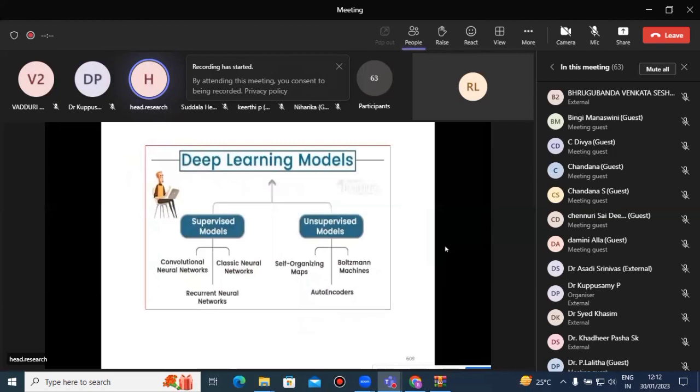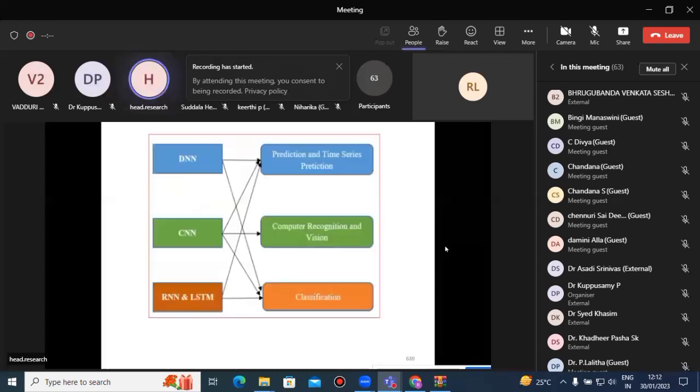Supervised models and unsupervised models. Supervised models are convolutional neural networks, classic neural networks, and recurrent networks. Unsupervised learning includes self-organizing maps, Boltzmann machines, and autoencoders. DNN can perform classification, prediction, and time series.